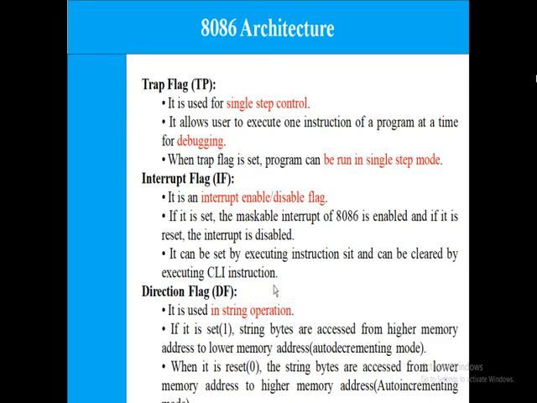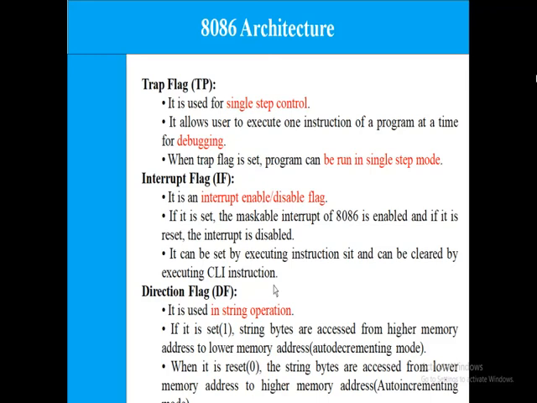Then the direction flag. Mainly the direction flag is used in string manipulation instructions. If this flag bit is 0, the string is processed from the lowest address to the highest address. That is auto incrementing mode. Assume that if the direction flag content is 0, then the memory addresses go 0, 1, 2, etc. If the direction flag content is 1, then the string is processed from the highest address to the lowest address.